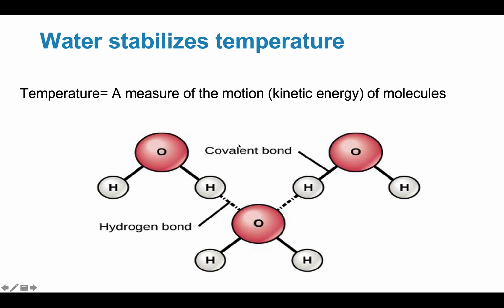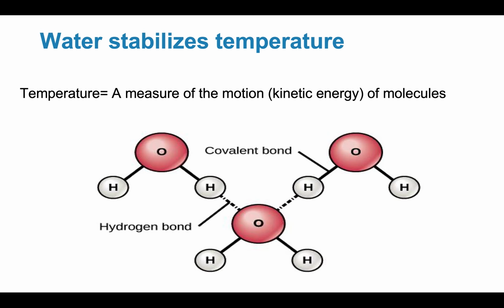But because of hydrogen bonding, the temperature is going to have to go up much higher before water molecules can move around. So therefore, water can withstand increases of temperature much better than other liquids.